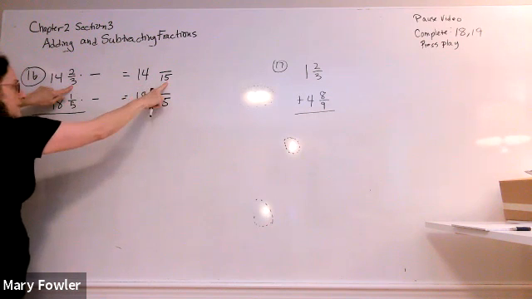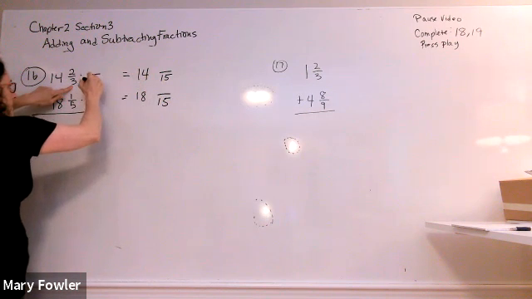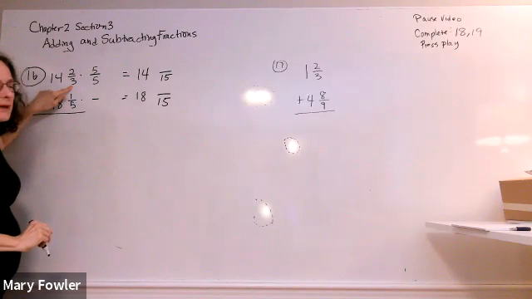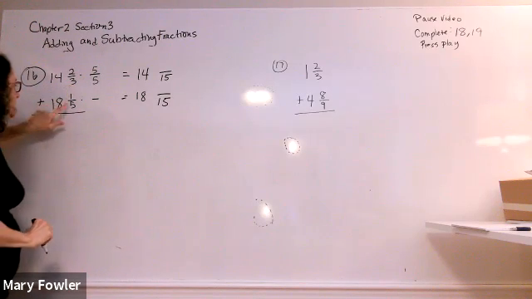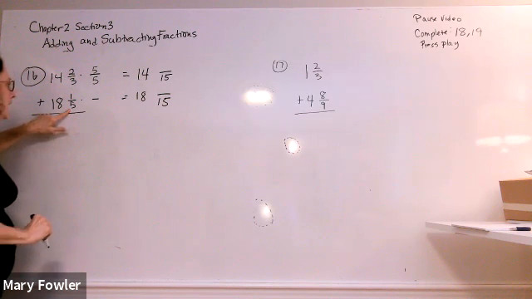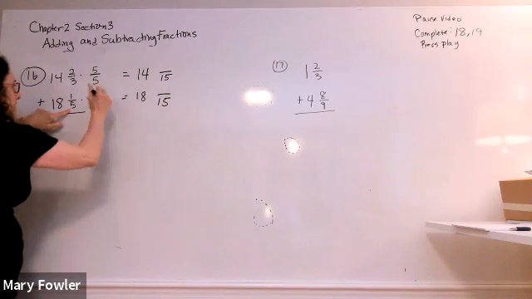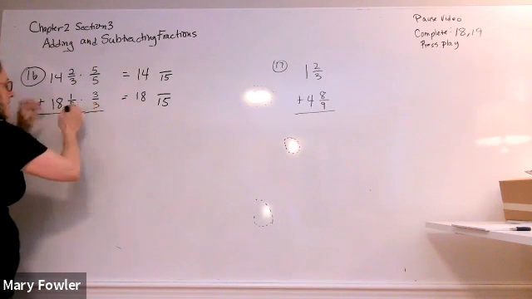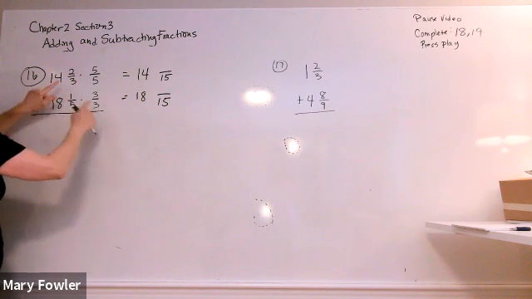So 3 goes into 15 5 times. So we're going to multiply 2/3 by 5/5. And then we see here that 5 goes into 15 3 times. So we're going to multiply by 3/3. And this is going to give us our common denominators.